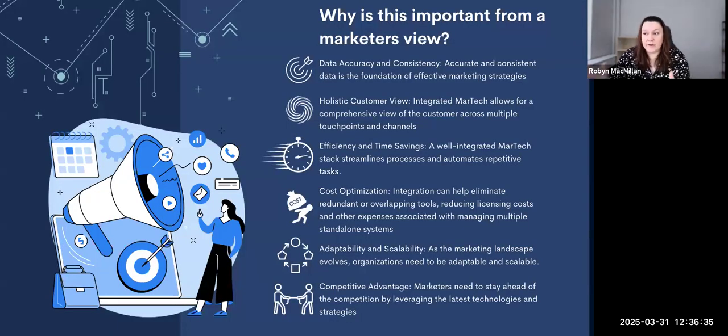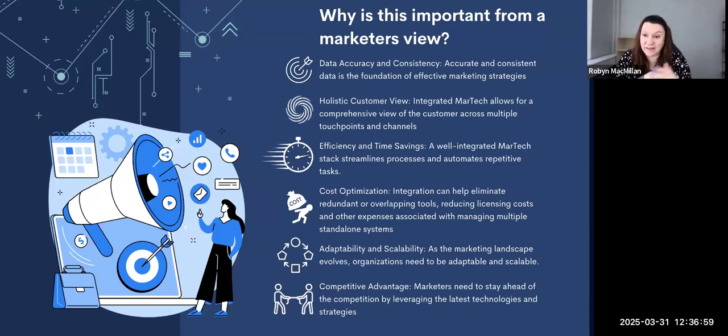And it's important from a marketer's point of view because all of a sudden we have access to accurate data and consistent data. That is the only way that we can move forward with marketing now, because we need to move quickly and in a way that our segments expect us to.